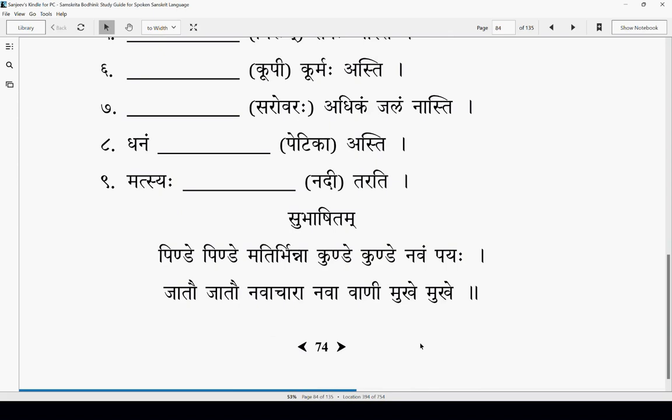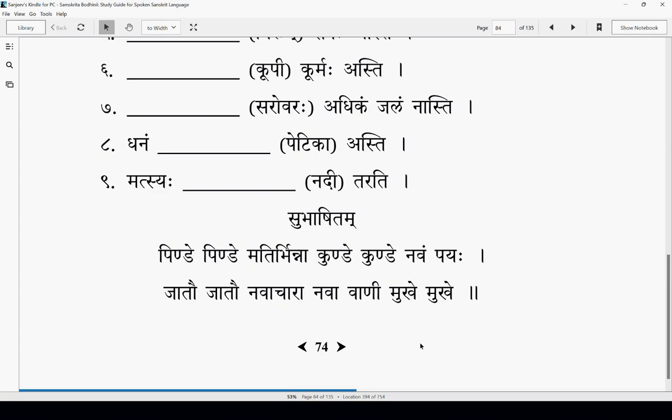In this there is no Kriyapadam, so we will just use Asti or Santi. For the first part, Pinde Pinde Matih Bhinna, together it becomes Matir Bhinna. So Pinde Pinde Matih Bhinna Bhavati. What is Matih? Mati is Buddhi, or intellect or thinking.